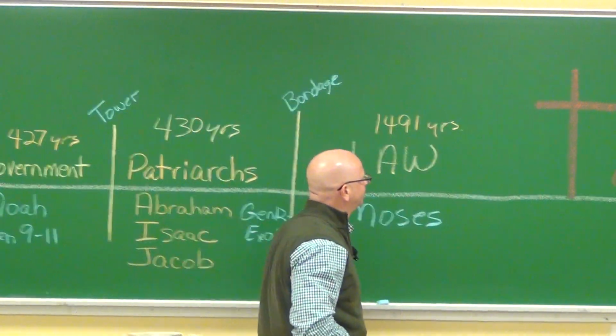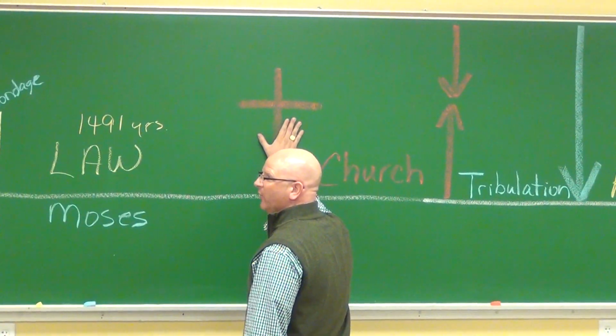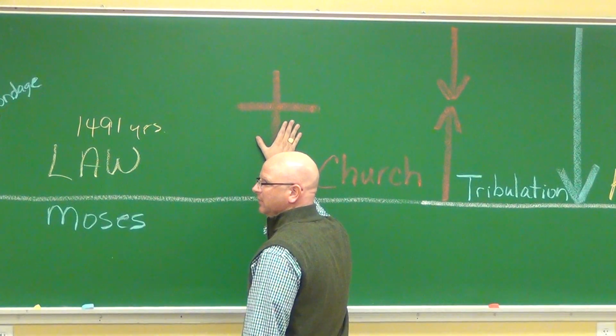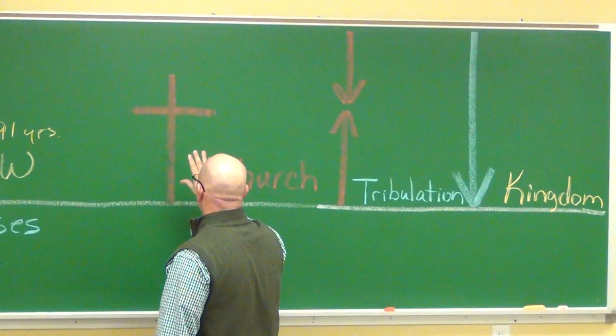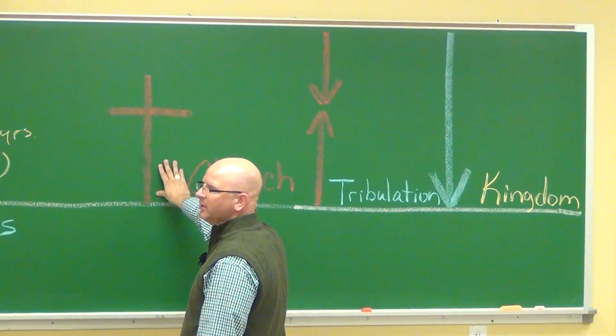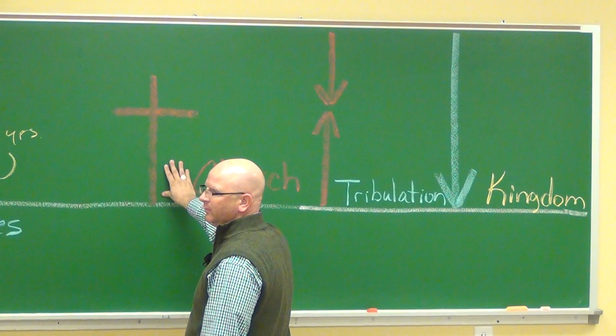Follow me. Isaac is offered up as a sacrifice in Genesis 22. In Genesis 23, Sarah, a Jew, dies.